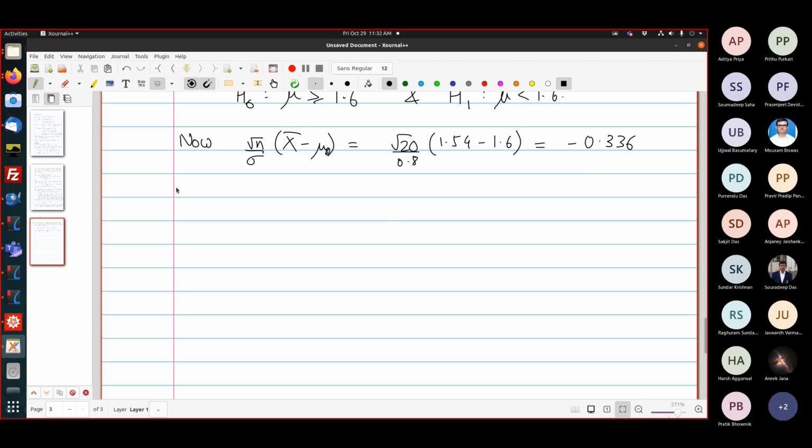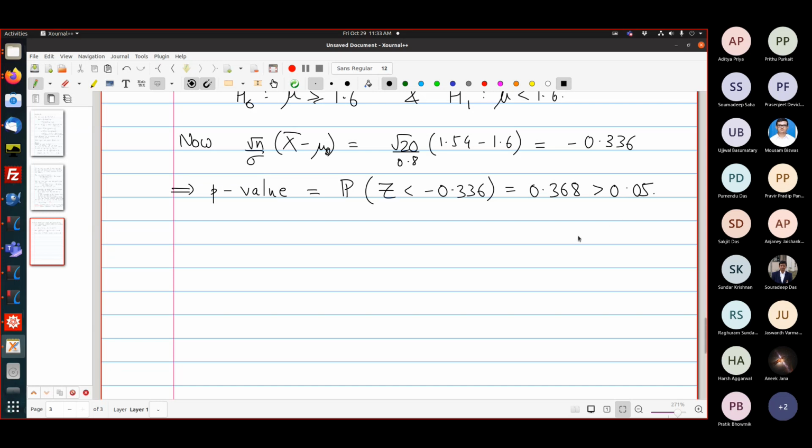So the p-value, which is the probability that z is less than minus 0.336, is 0.368, and this is greater than 0.05.